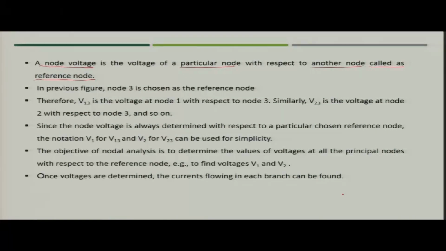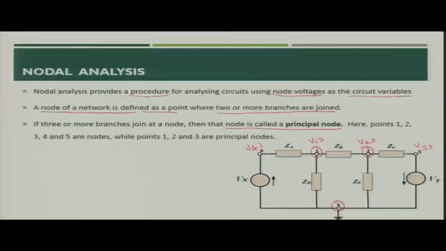Now, what we have to do? We have to take into consideration only those nodes which are principal nodes, and the voltages which we assign to those nodes would be the circuit variables for nodal analysis. In this figure, V43, V13, V23 and V53 are the 4 node voltages.